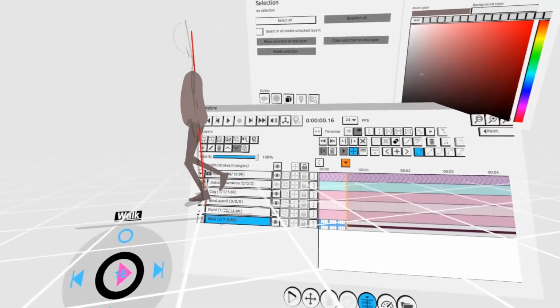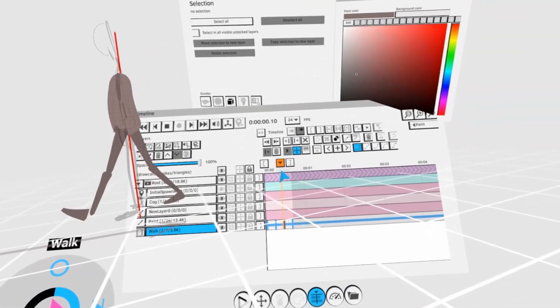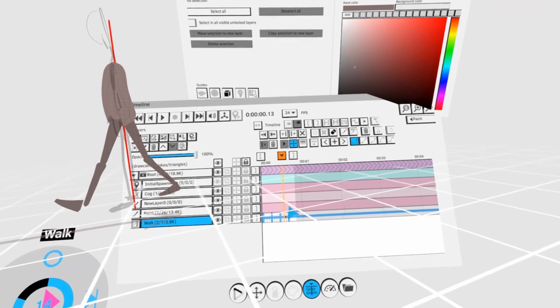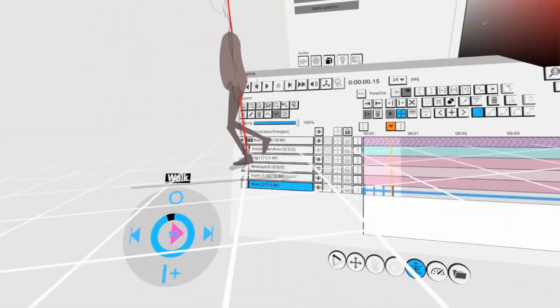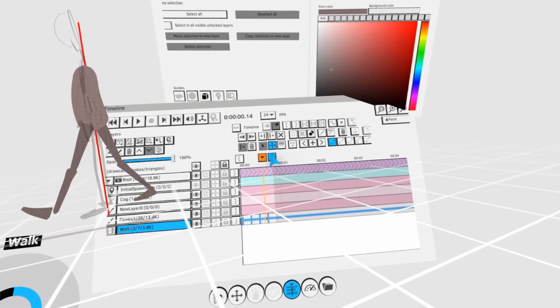Maybe it will be like a slow pace walk. I don't know. Hang on. I think we're missing something. Then the last one has to hold too. Yeah, the last.